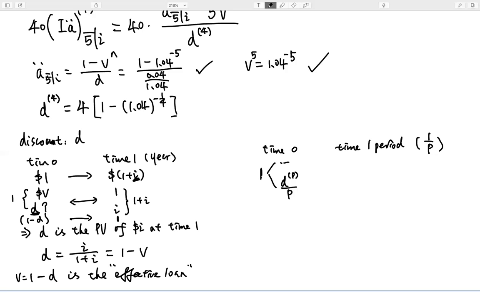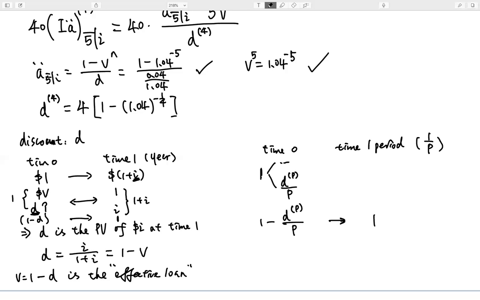That's obvious, right? Okay, so using the same idea, this should go to 1. So that's the basic idea of rate of discount.